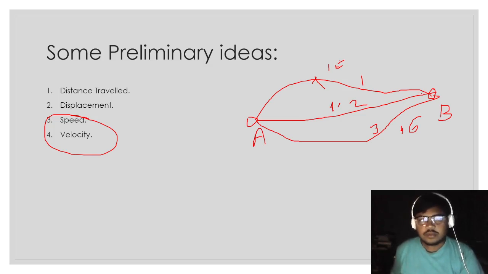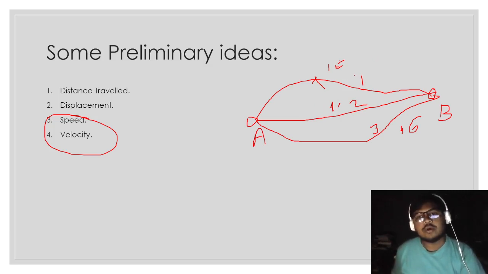But if we calculate the velocity, we always have to consider the displacement divided by time taken. So for path 1, speed is 150 by time taken. But for velocity, it must always be the shortest path, and we know the straight line is path 2, and the shortest distance between A and B is 80.